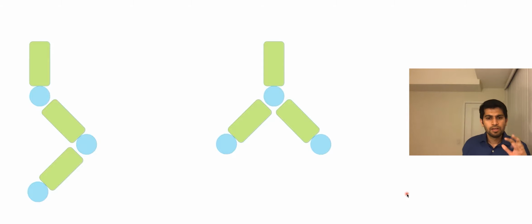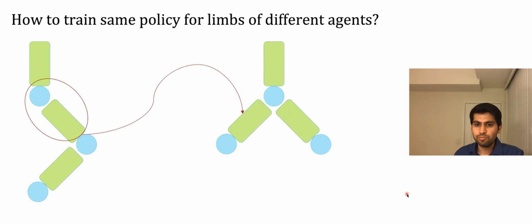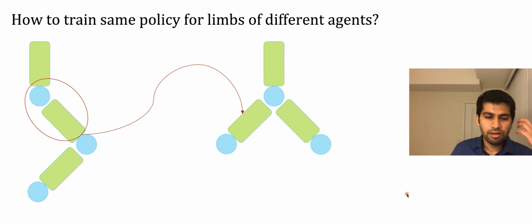Okay, so now let's try to understand it with this conceptual figure over here. Let's say you have two agents, one on the left and one on the right, with three limbs in the star shape, and you are sharing the policy between, let's say, this limb, this motor, and this motor over here. Now, what you can notice is that the same policy is used at all the motors. So all the blue locations, the same policy is used, not only on this agent but on the right agent as well.